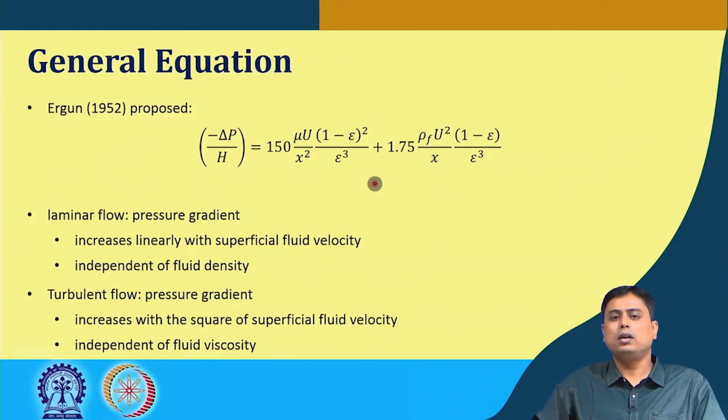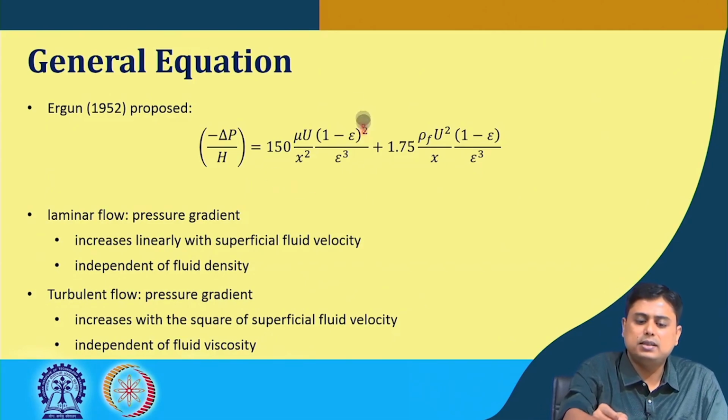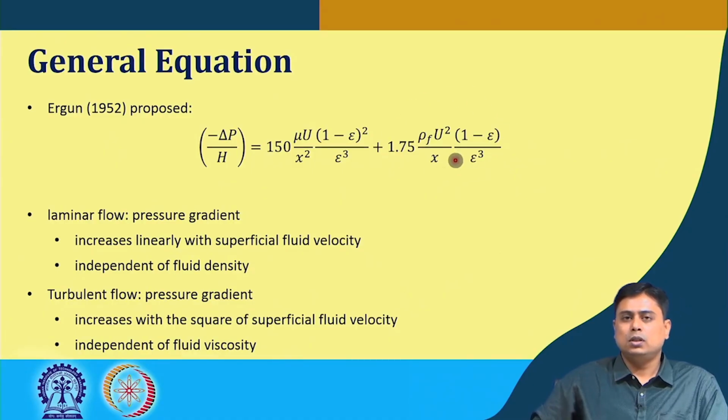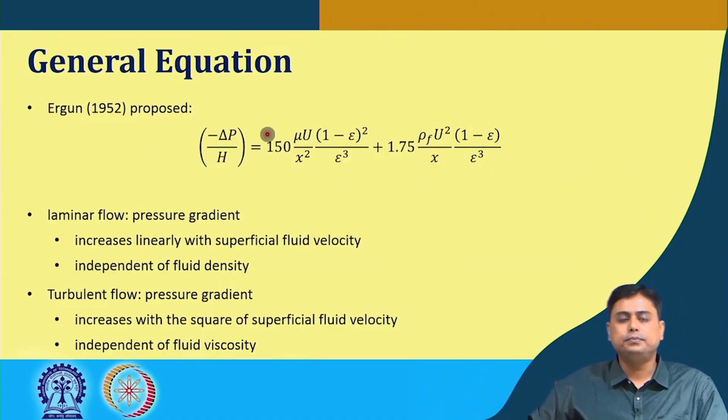High Reynolds number, inertia is high; low Reynolds number, viscous force is high. In laminar flow, the viscous force dominates. So, this part is basically the viscous force, and this part is the inertia force. It contains the rho u square term, and here we have the mu term.